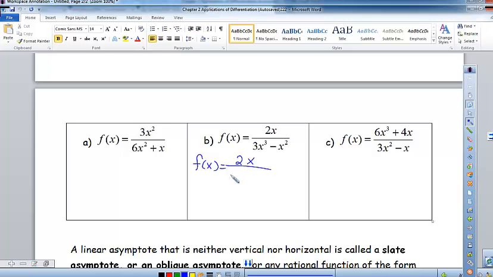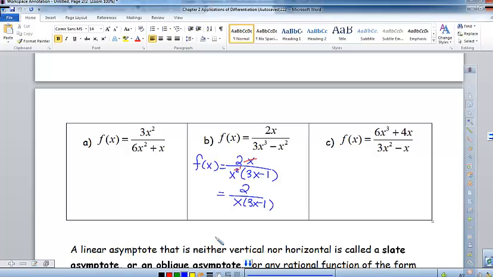Factor out x squared times 3x minus 1. I'm able to cancel out one of the x's. So we've got 2 over x times 3x minus 1.